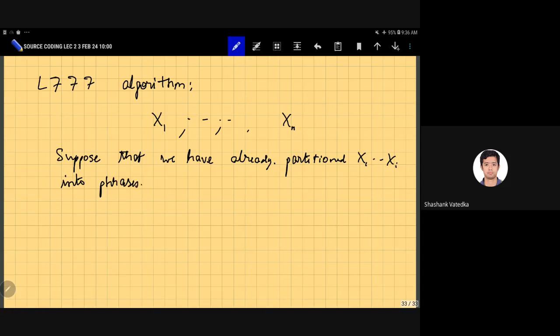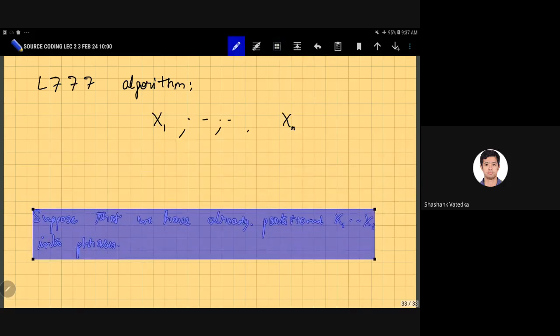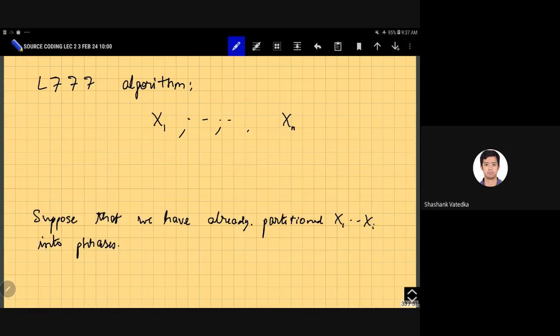Now I'm going to tell you how to assign the next phrase. The first phrase is always just the first symbol, x1.